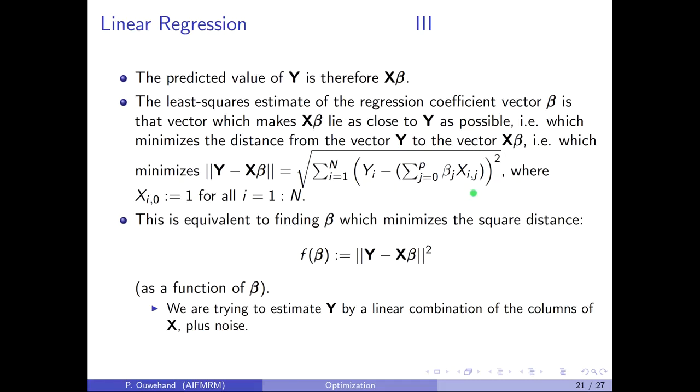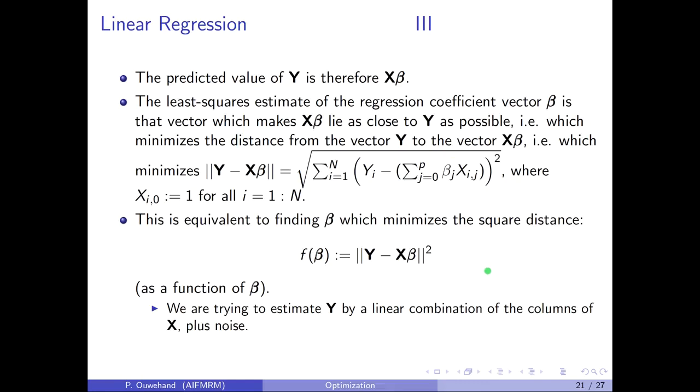Here we have put xi0 equal to 1. It's the first entry of the vector of x values that we saw on the previous slides. Now solving this problem is equivalent to finding the vector beta which minimizes the squared distance, which removes the square root sign here, and that's often easier to solve.